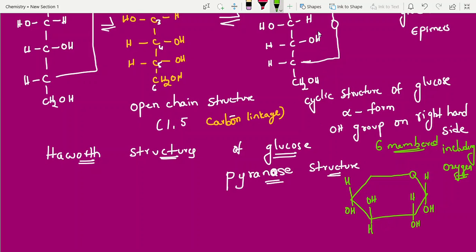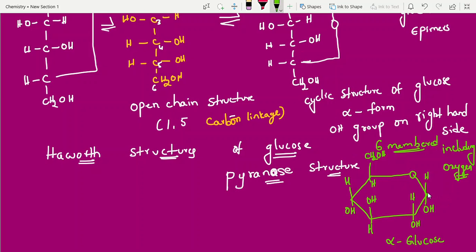Whichever are on the right side we write down, whichever are on the left side we write up. That's it. So now this carbon, least priority group, write down. Highest priority CH2OH group up. That's it. This is alpha glucose. Alpha glucose. Clear?